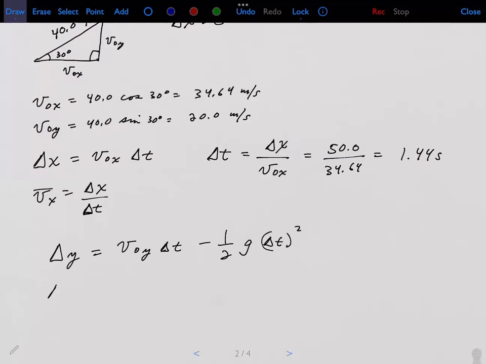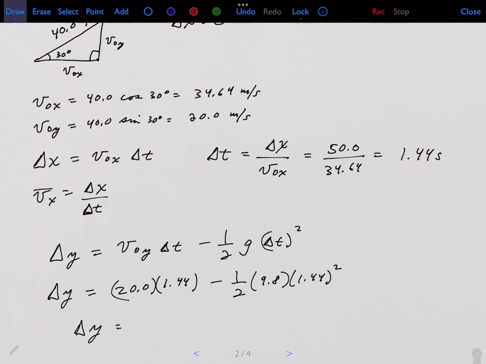Delta y is v naught y, which is 20, times the time, 1.44, minus 1/2, g is always 9.8, times 1.44 squared. If you work that out, that turns out to be 18.64 meters. So that's how high up the wall the water will hit the building, 18.64 meters.